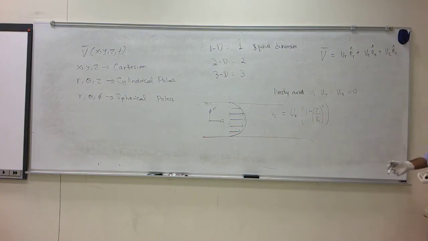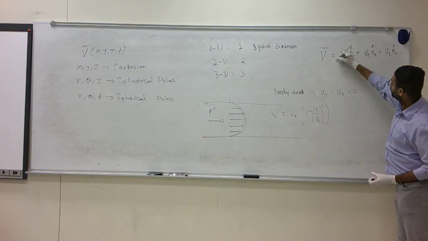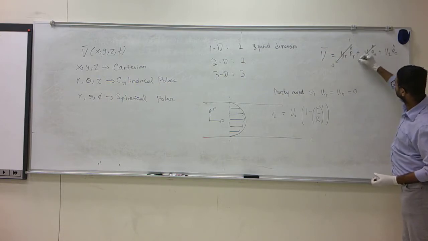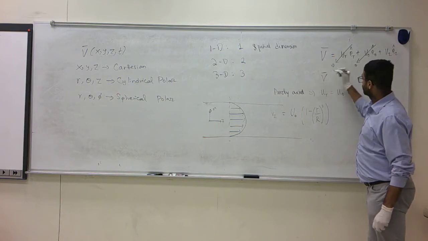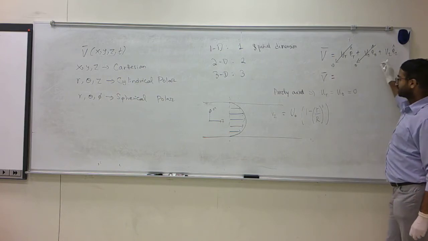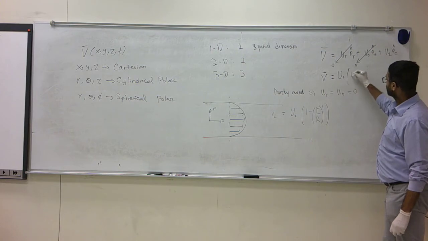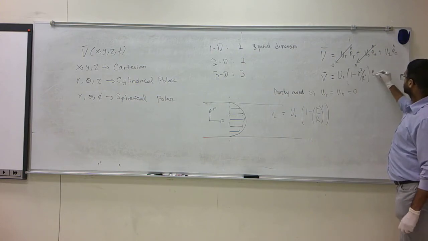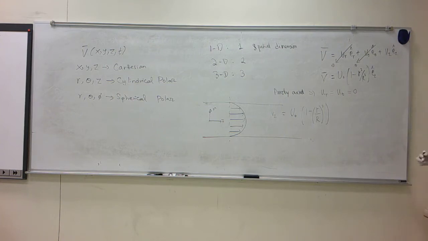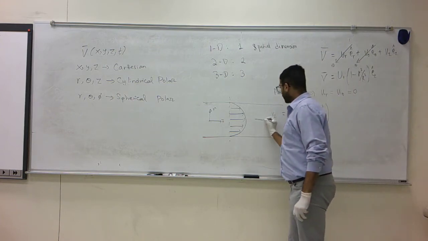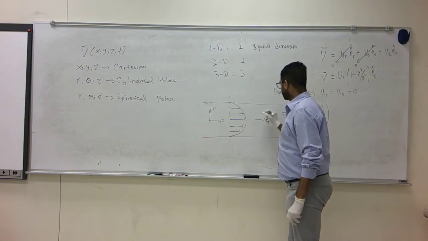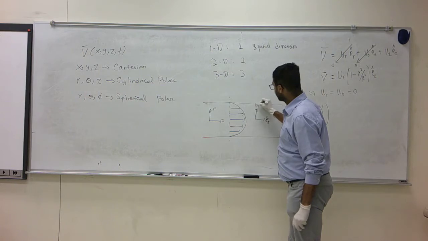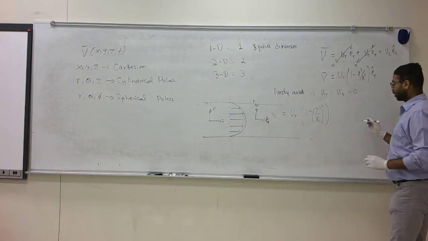By calling it purely axial, we reason that these two are 0, and that the velocity field is equal to Vz, which is u naught times 1 minus r squared over R squared times the unit vector in the z direction. So this would be Ez, this would be Er, and I am not drawing the polar direction here.